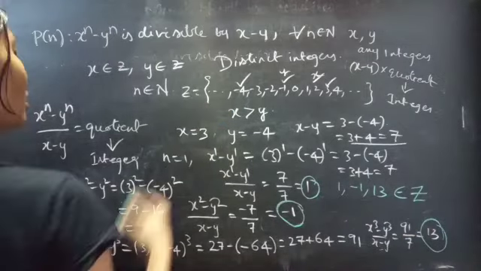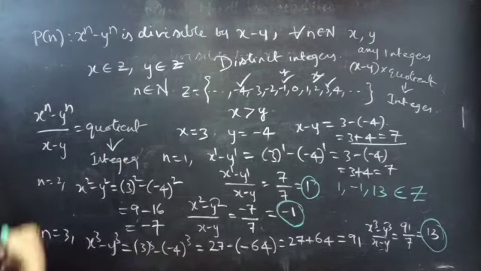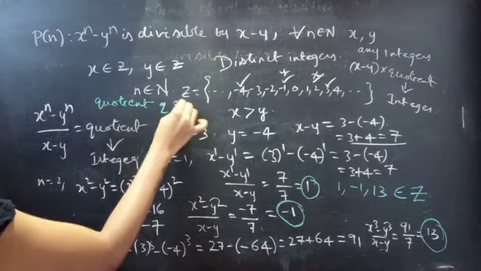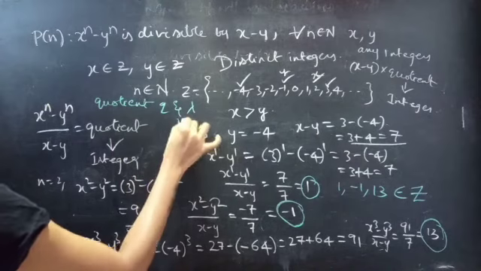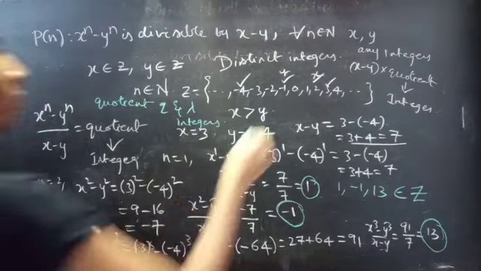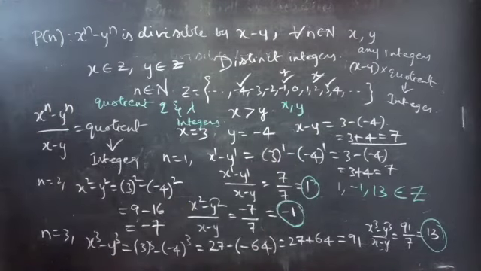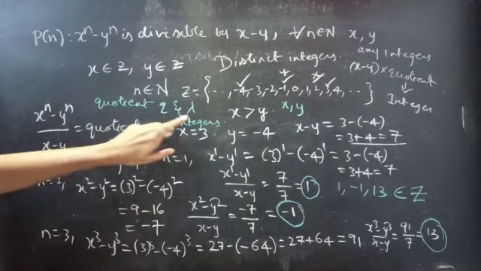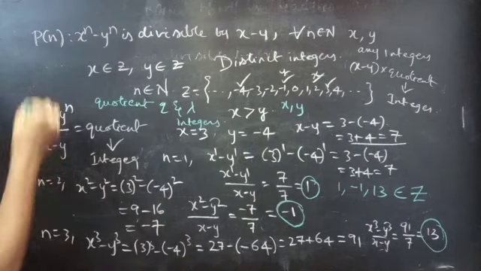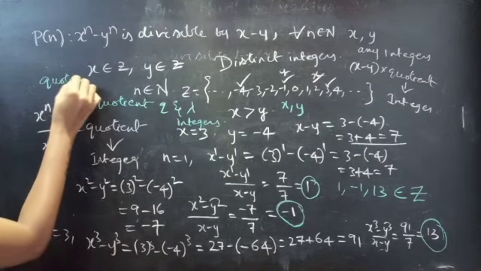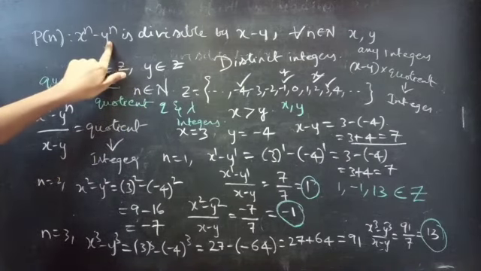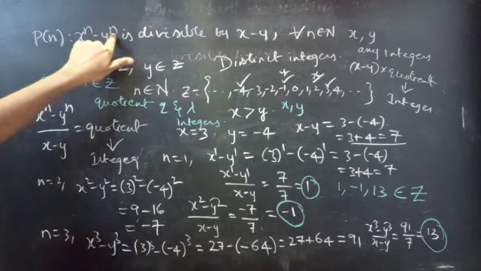So from the problem which we have proved, we got some quotients, q and lambda, which are also integers. If you want, you can check by taking some distinct x and y, and you'll get some lambda and q also. The quotients belong to integers when x and y are distinct integers and n belongs to natural numbers.